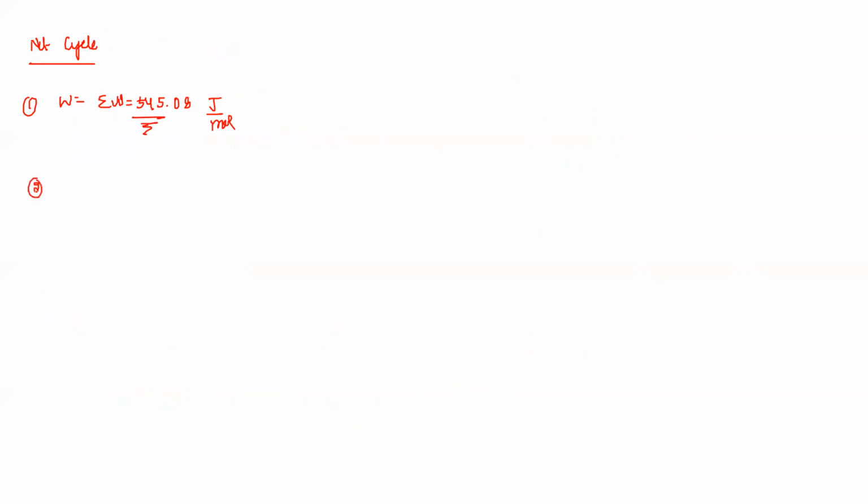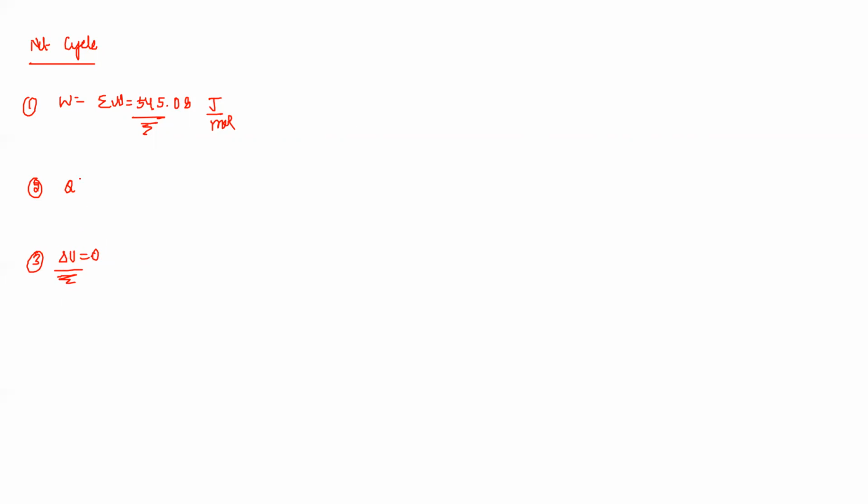Okay, then we find heat. So for a cyclic process, we should know that internal energy change is always zero, because internal energy is a state property. All right. So therefore, for a cycle, it's going to be zero.